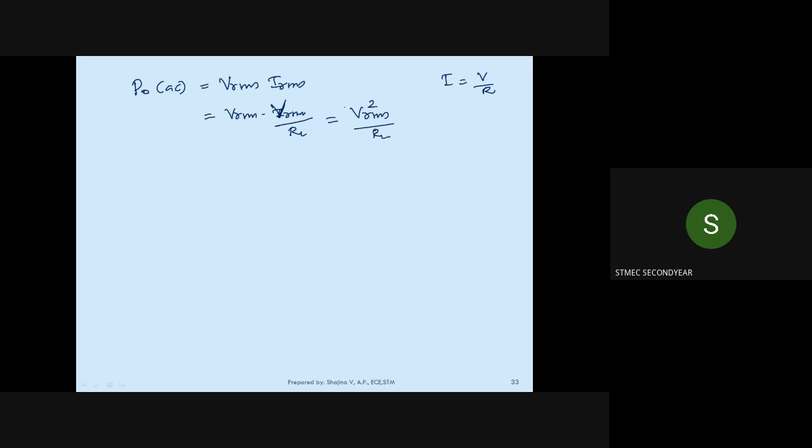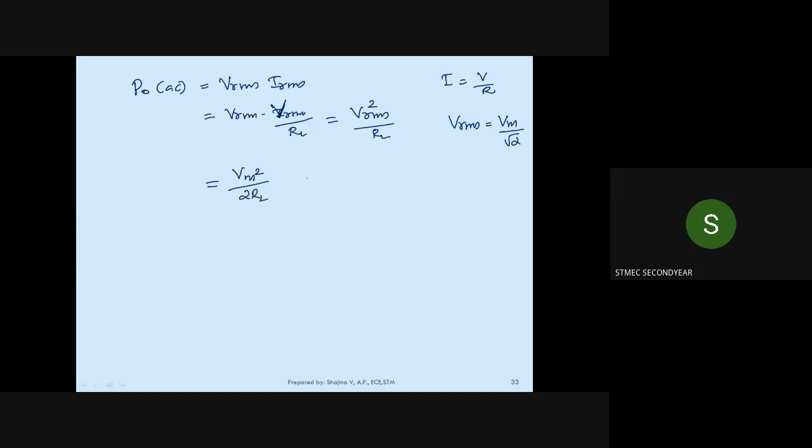VRMS is equal to VM divided by root 2, so VRMS square means VM square divided by 2. So P out AC will be equal to VM square divided by 2RL.